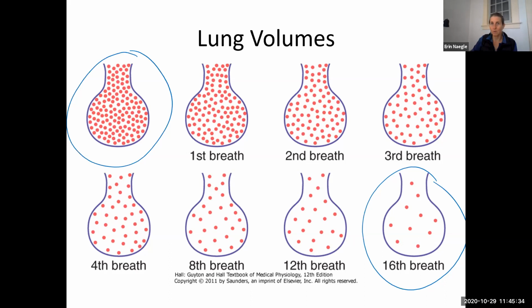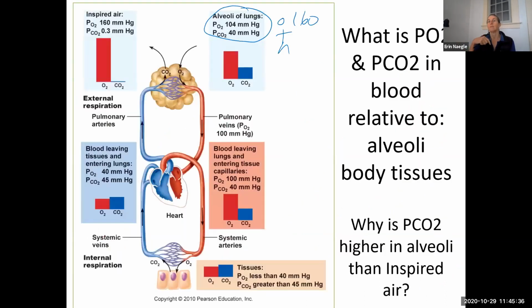So even though you're breathing in 160 millimeters of oxygen in that new breath, it's mixing with your old air in your lungs, which has a lower oxygen concentration. So in your alveoli, the partial pressure of oxygen is 104. Great. As the blood enters the alveoli of your lungs, what is our oxygen concentration?